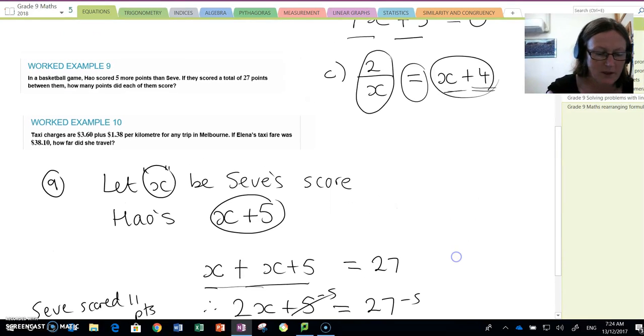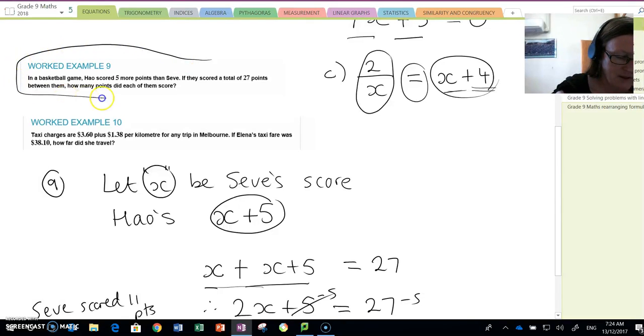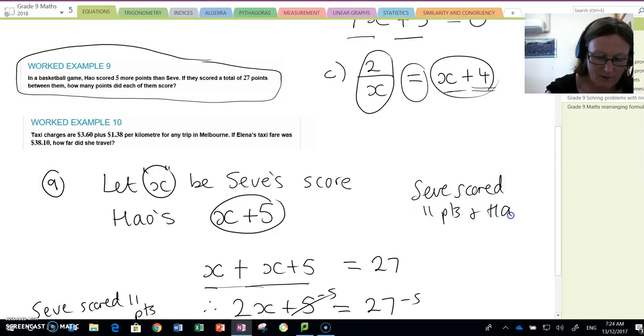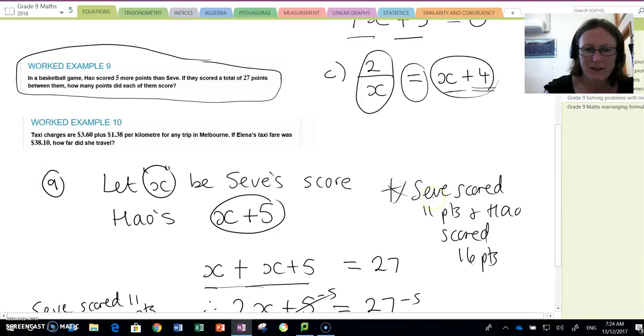Now this example started as a written question or a sentence, so we need to finish it as a sentence and write something like Sev scored 11 points and Hal scored 16 points. We must write that as our concluding statement. Let's just double check. In total they scored 27 points. Yep, 11 and 16 does give us 27.